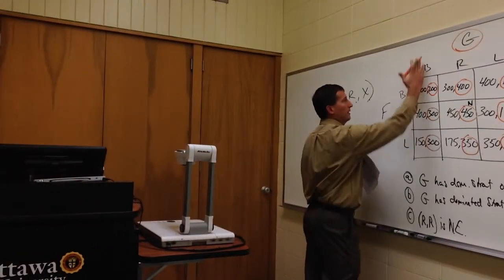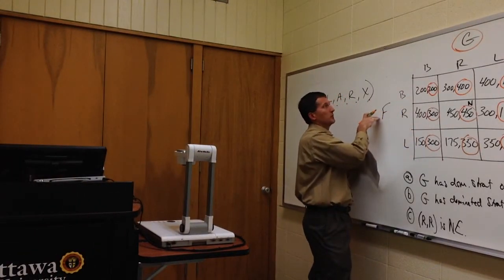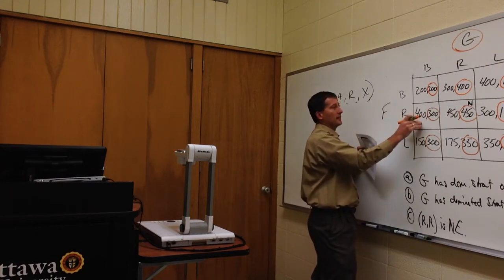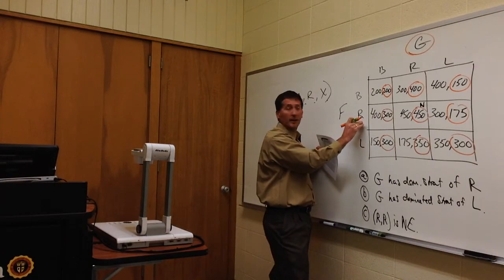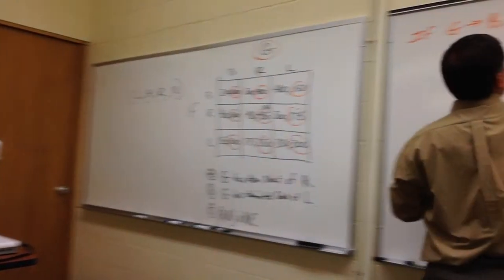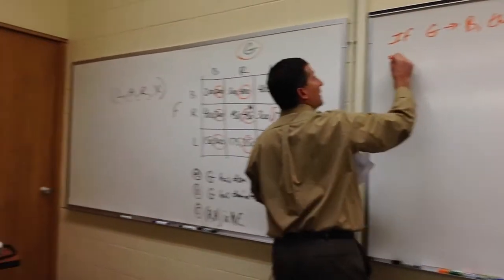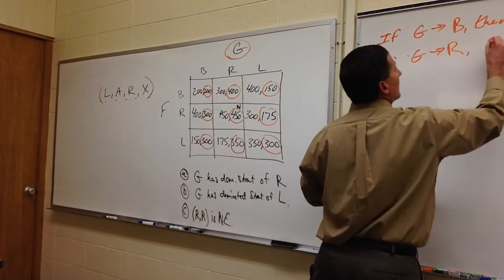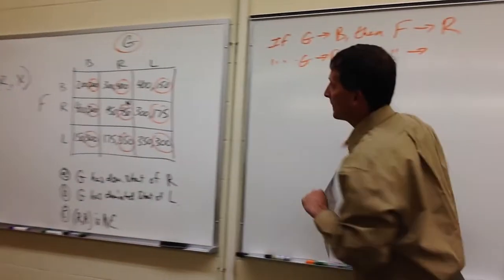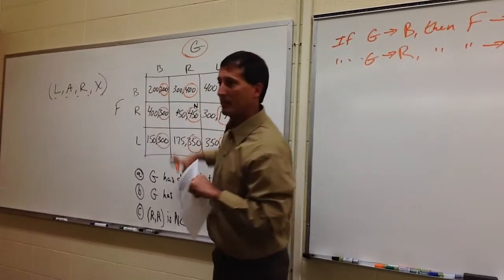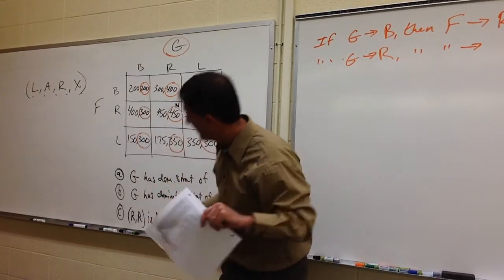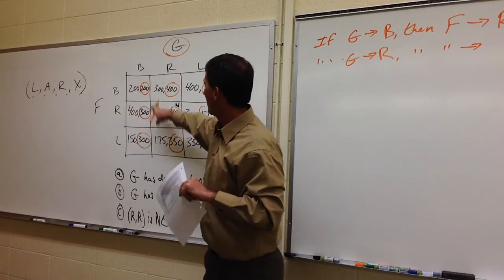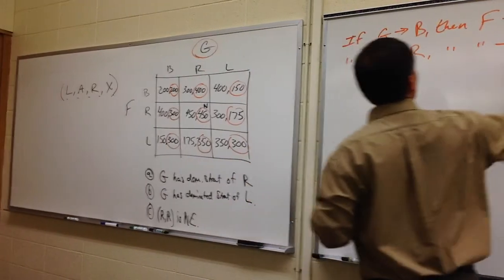So if G chooses here, then the best choice for food you more is to remodel. Right? If G chooses to remodel, then food you more should do what? Still remodel, because 450 is bigger than both of them.